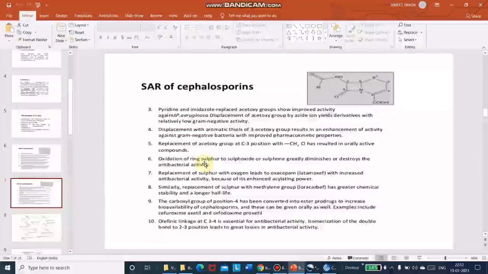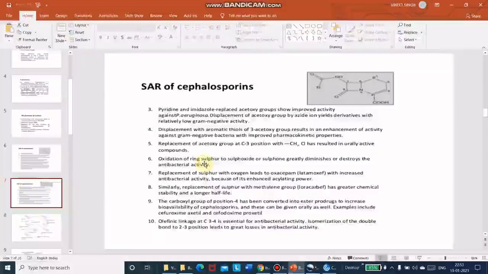The next one is pyridine and imidazole replacing the acetoxy groups, which improved activity against S. aureus. Displacement of the acetoxy group by azide yields a derivative with relatively low gram negative activity.